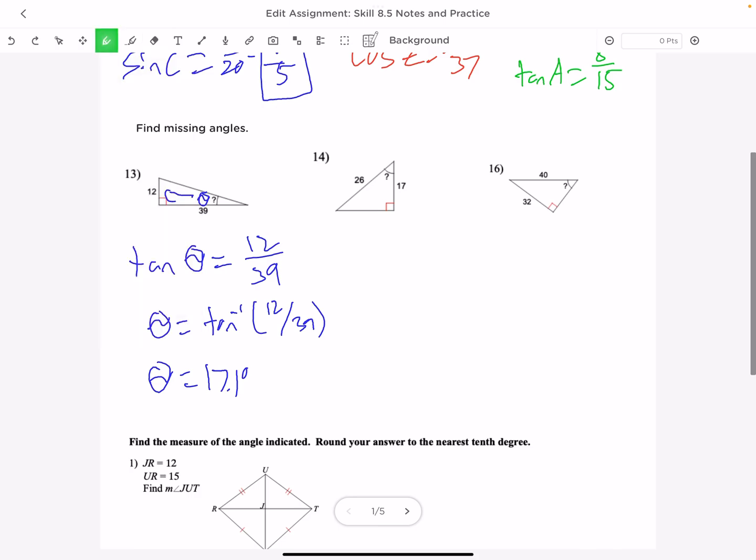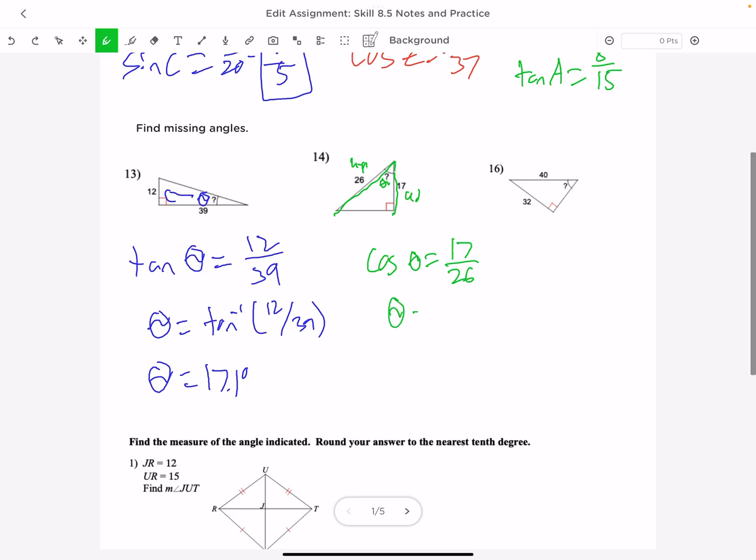For this next one, once again, they call it a question mark. I call it theta. For this theta, I have 17, which is my adjacent side, and 26, which is the hypotenuse. So this is adjacent and hypotenuse, and in this case I'm using cosine. So cosine of theta is equal to 17 over 26.